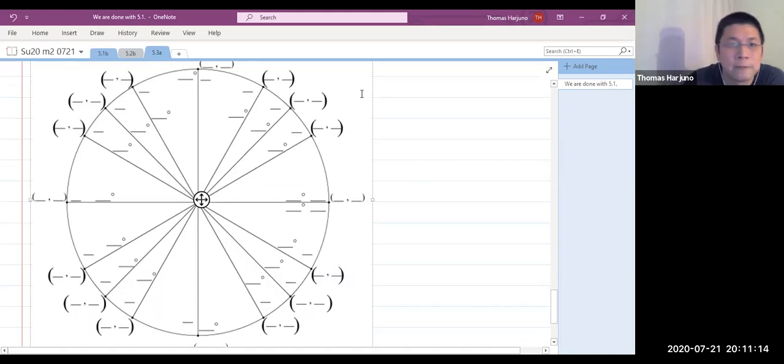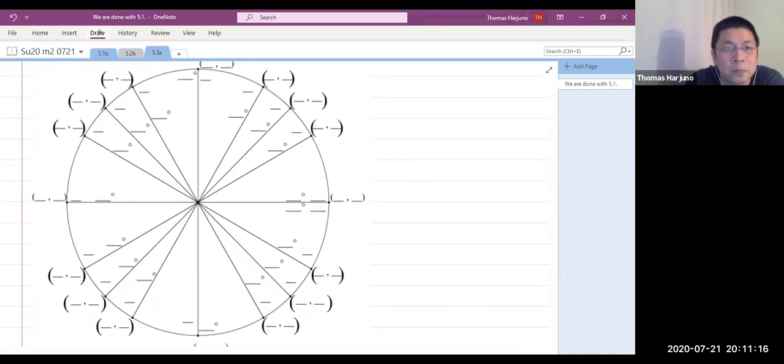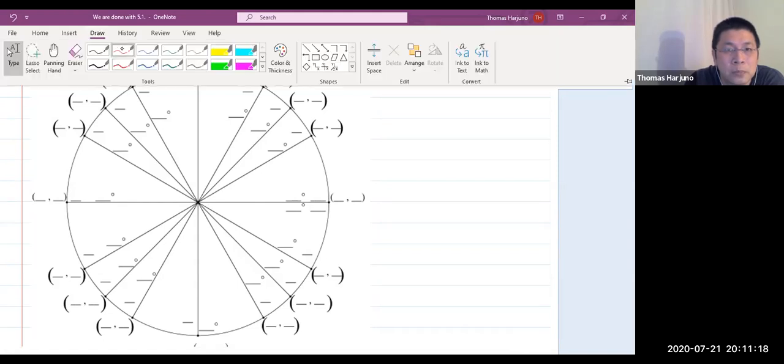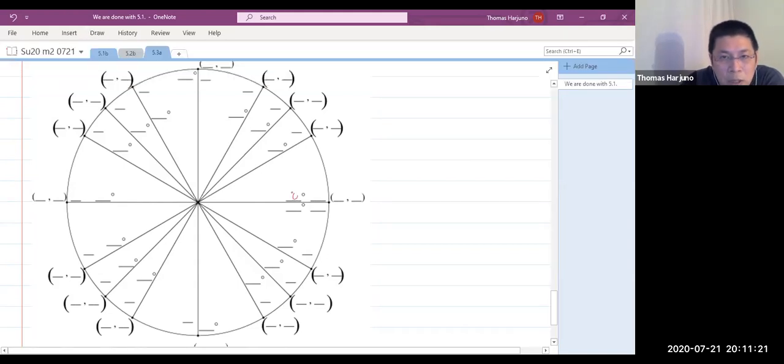Okay. Now, this is 0 degrees, 90 degrees, 180 degrees, 270 degrees, 360 degrees. So you see at 360 degrees, you go back to the same coordinate as at 0 degrees.